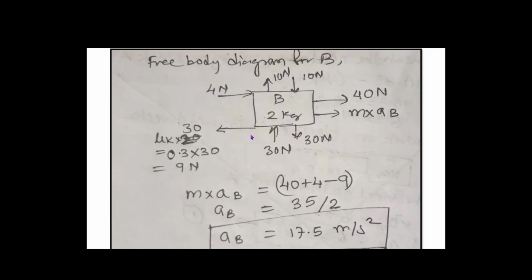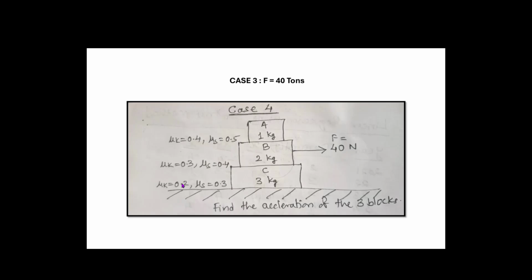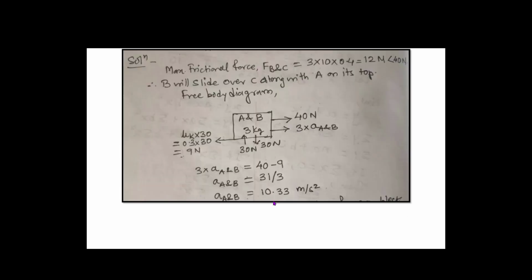Now the moment this 9 Newton frictional force will start acting on block B, equal and opposite 9 Newton will be acting on block C. But whether that 9 Newton will be able to move block C will be determined by the maximum frictional force between block C and the surface, which will be 60 Newton, which is the vertical normal force, and static friction coefficient is 0.3.